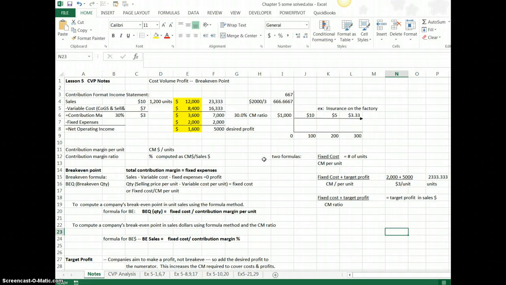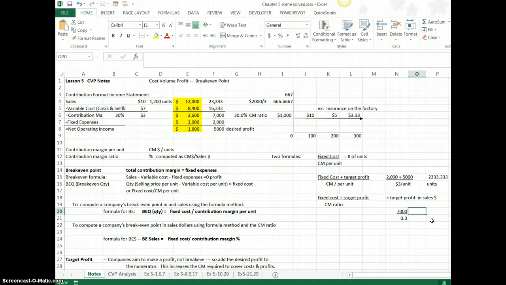So let's just work through that same scenario again. Over here we had $7,000 was what we needed to cover from the standpoint of our fixed cost plus our desired profit. And this time, instead of dividing by $3 per unit, we'll divide by 0.30 or 30%, the contribution margin rate.